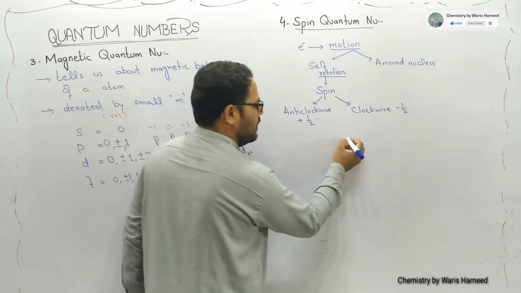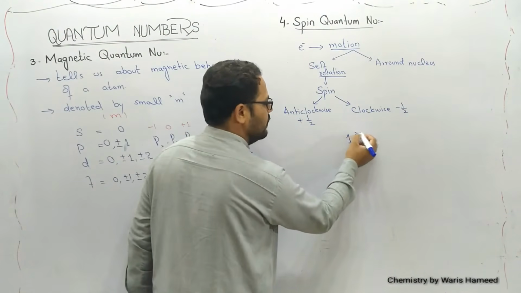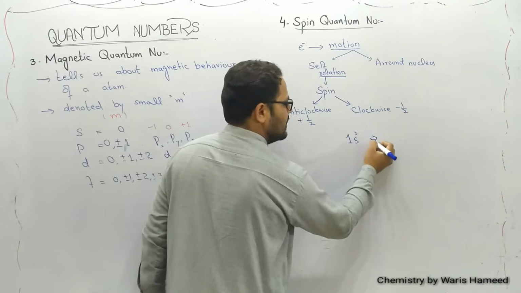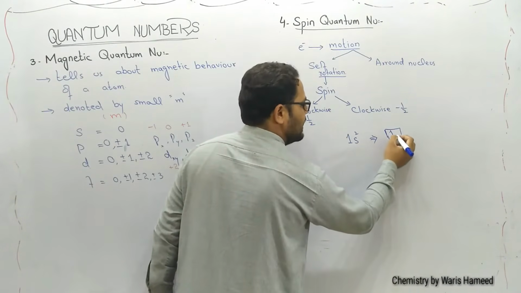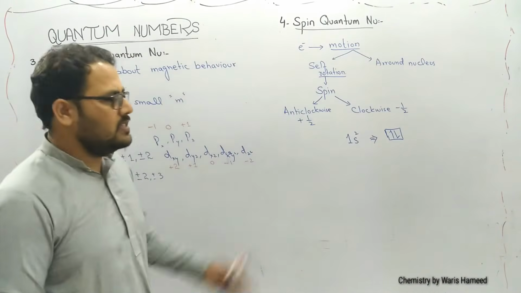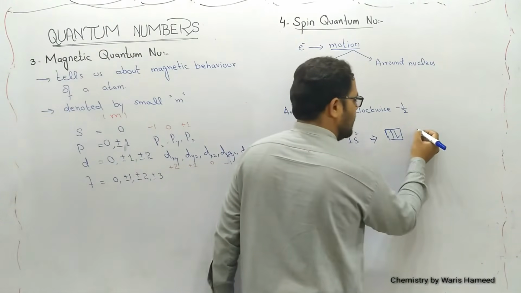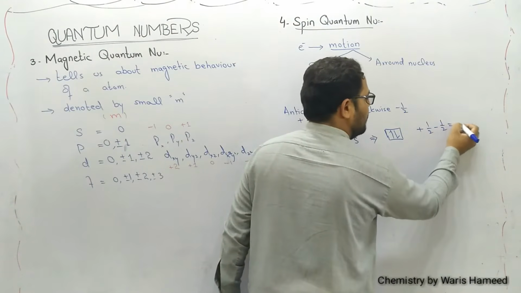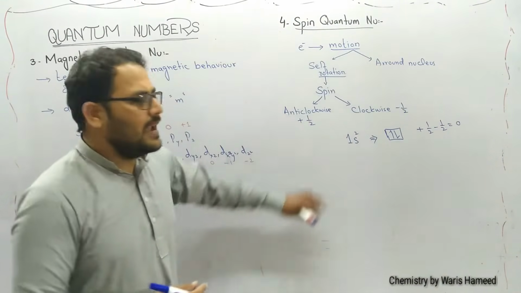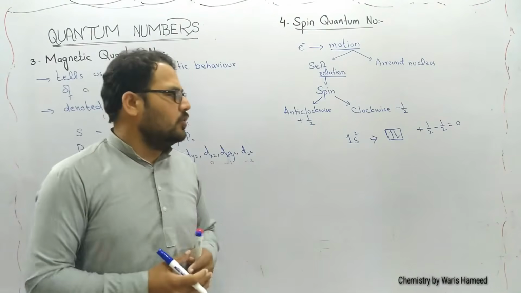For example, we have 1s2. In this case, one electron will be clockwise and another will be anti-clockwise. The sum of these two values, plus 1 by 2 and minus 1 by 2, will be 0. In that case, the spin will be 0.